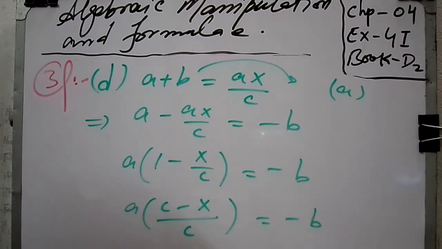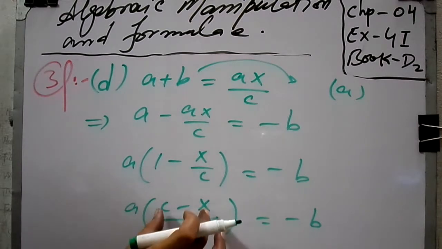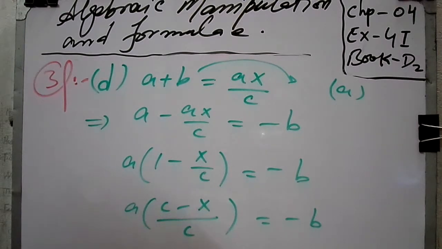It will be minus BC divided by, so C minus X will be divided here.